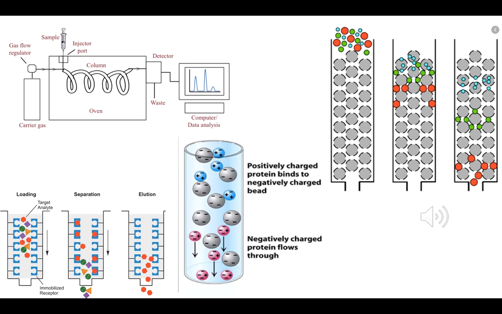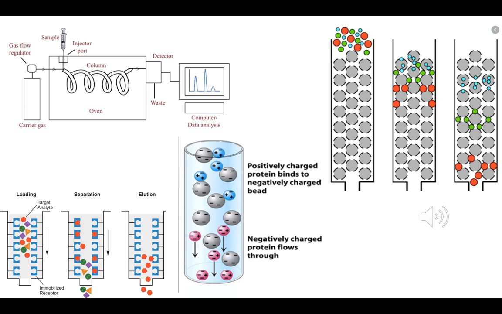Then we wash them off the beads, and we have isolated our compounds that have anions. We usually do this for acidic amino acids. And then cation exchange chromatography, where the beads are negatively charged and positively charged species get stuck to them, like basic amino acids.